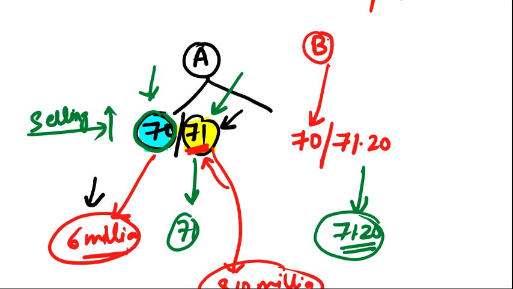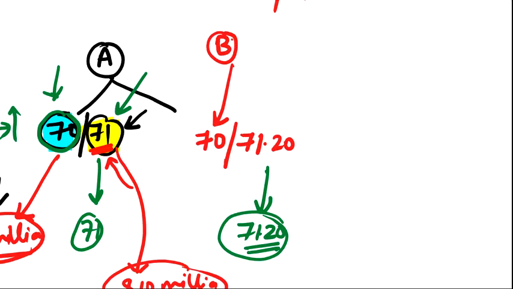Now Mr. A came up with the new pricing as 70.50 slash 71.40. So now you will see that the sell side will become less attractive. Now people will not come and buy from him.